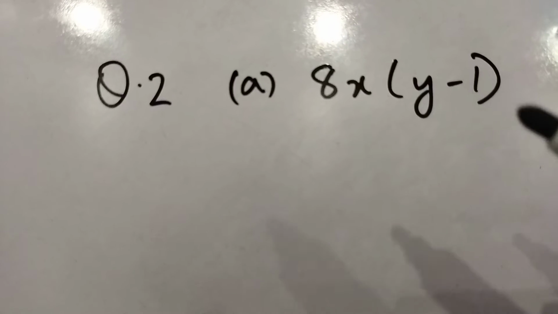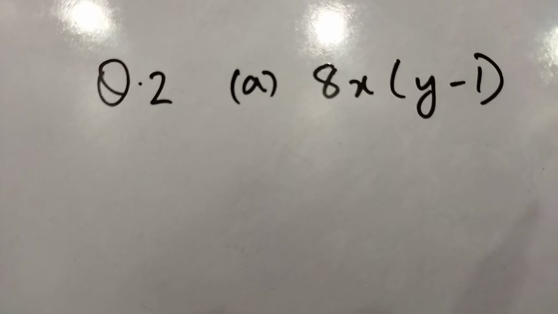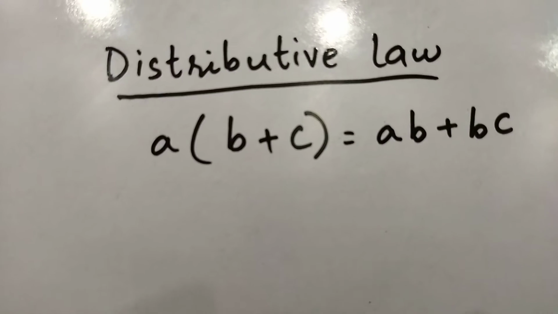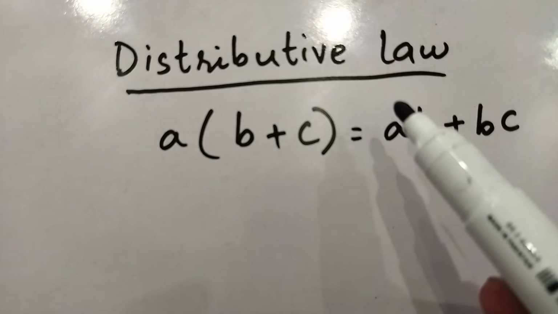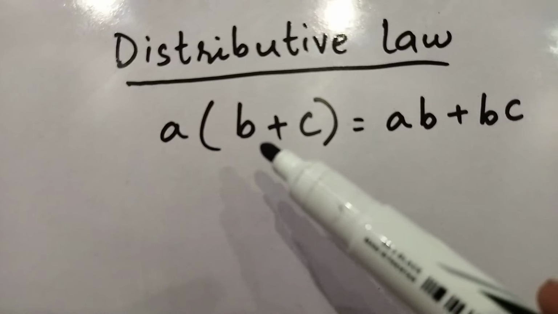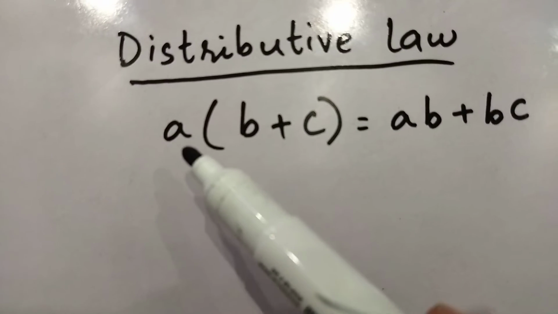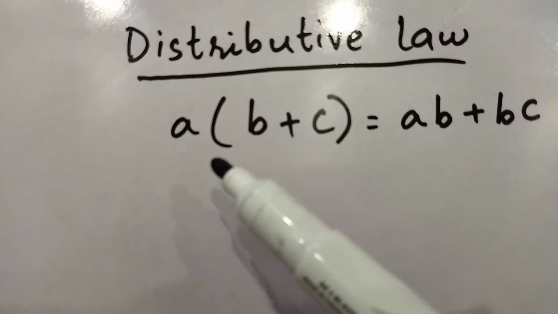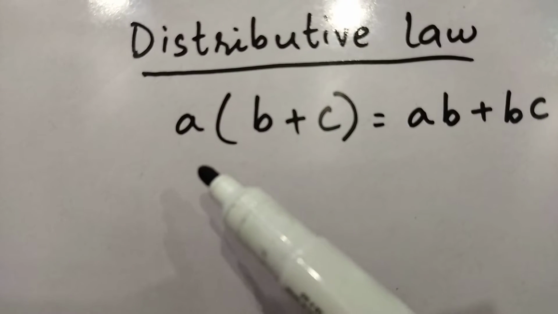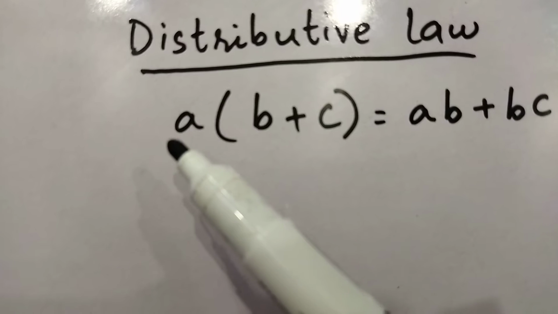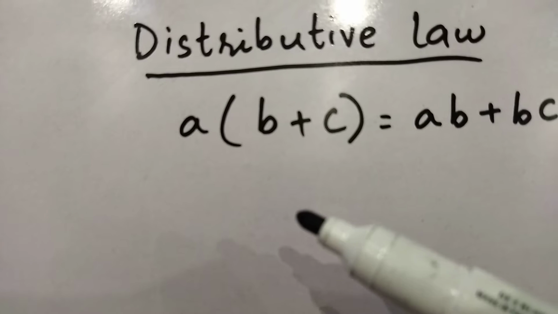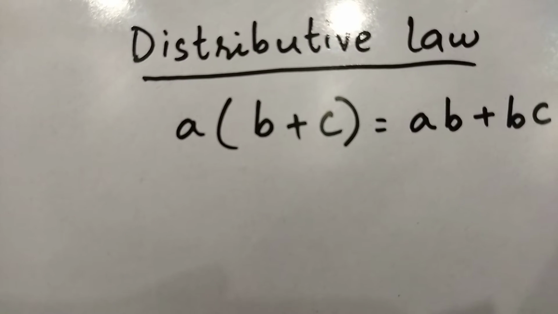Now moving towards question number 2, we have quite different questions in that now we have to deal with more than one variable, right? So how are we going to multiply them? Let's see. Students, in such type of questions, we need to apply the distributive law, which says when A is multiplied with a bracket having B plus C, right? So we have basically three algebraic terms, and we have to multiply them such that we have a variable outside a bracket wherein the bracket has two terms getting added to each other, right?